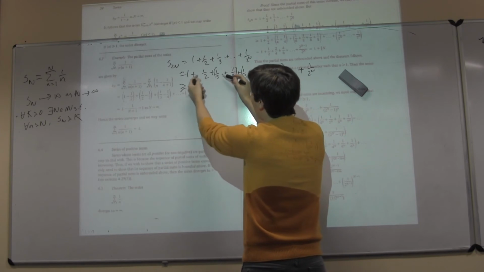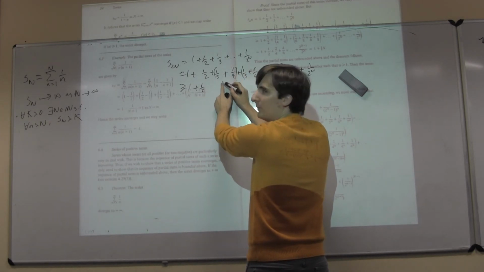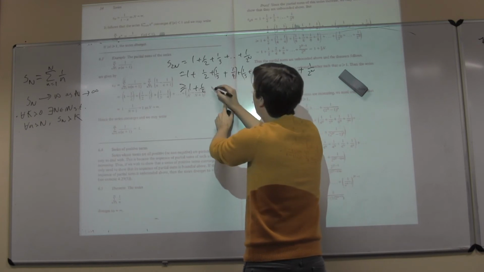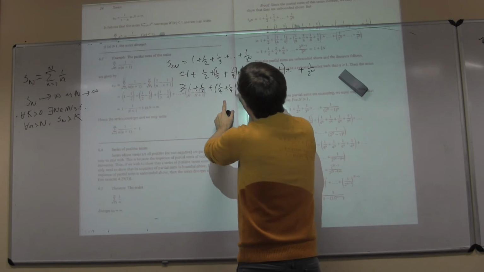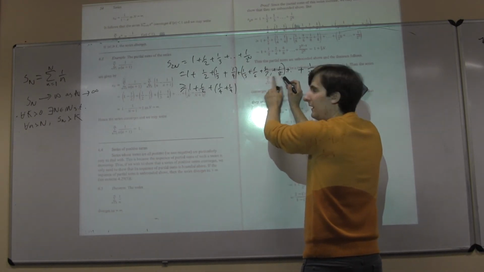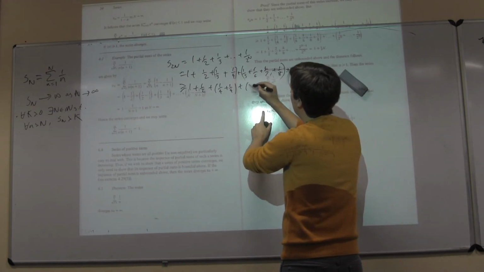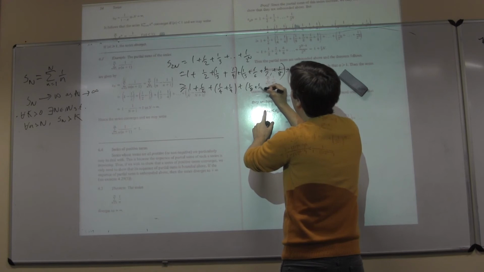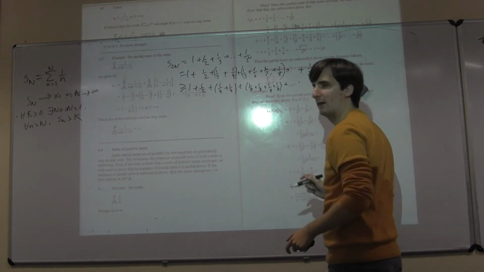We want to find something smaller, so let's make a third smaller, let's make it a quarter. So this is plus a quarter, plus a quarter. In this one, we've got plus a fifth, sixth, seventh, eighth. Let's make these smaller, let's set them all to an eighth. So this is 1/8 plus 1/8 plus 1/8 plus 1/8. We can carry on doing the same thing.